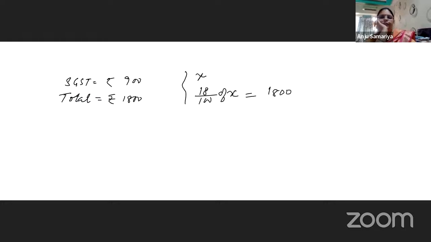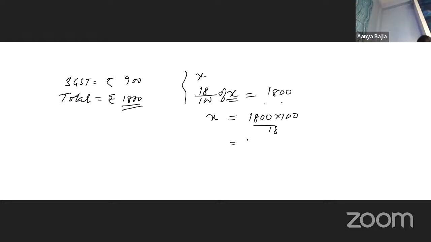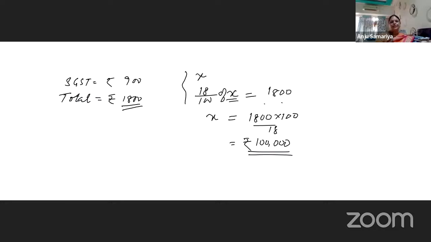We don't have the value. So 18% of X, that is the total tax is given. 18% of any amount is this much. So find the value of X. Then 10,000. 18% of X is this much, right?